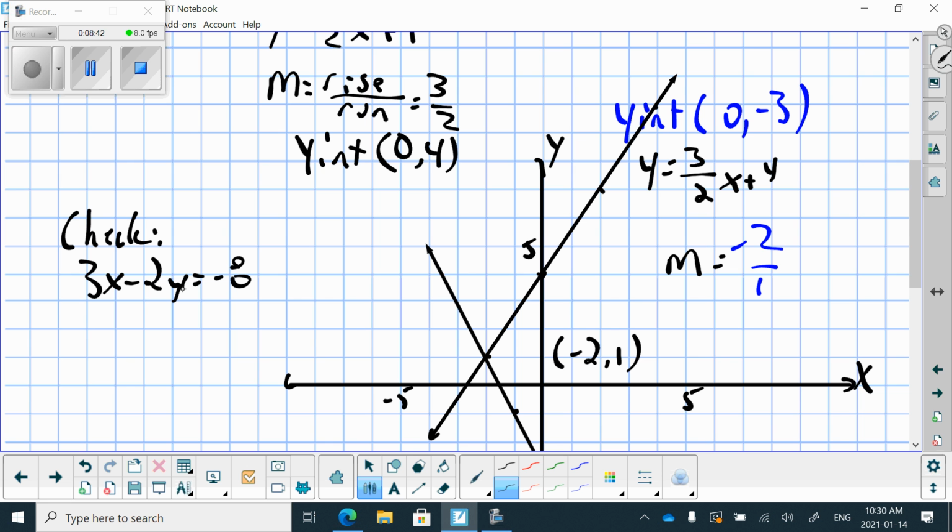Go ahead and fill it in. 3 times -2, yep, -2 times 1, yep, equals -8. Then -6 minus 2 equals -8. Which is -8. Oh, we got a bingo.